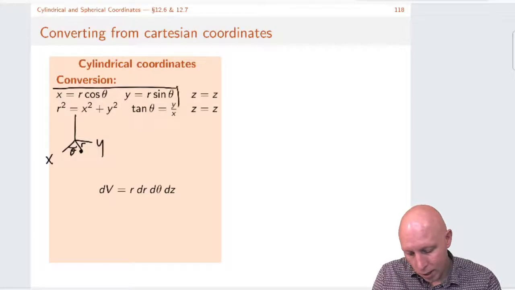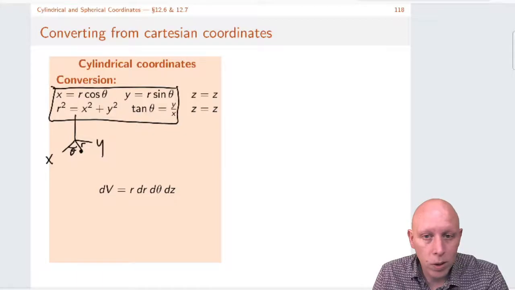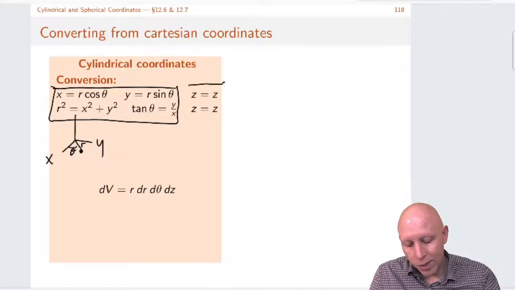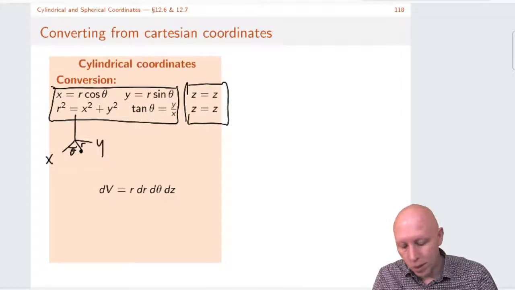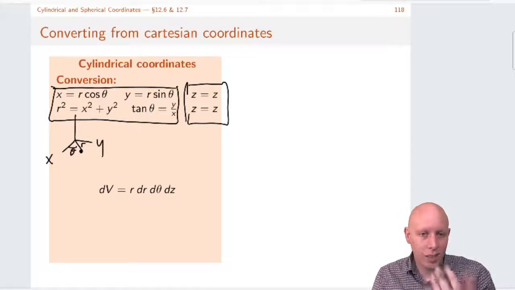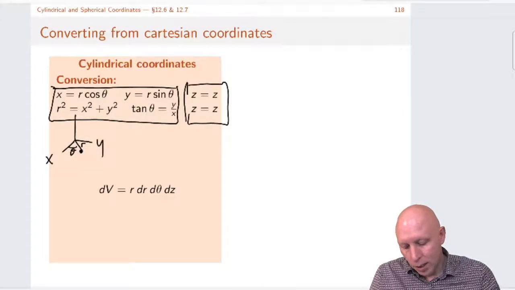These equations are exactly the same equations that we had in polar coordinates, and now we just have to say, whatever the z value is, that's your z value. So this is a nice extension. This is not adding too much complication.